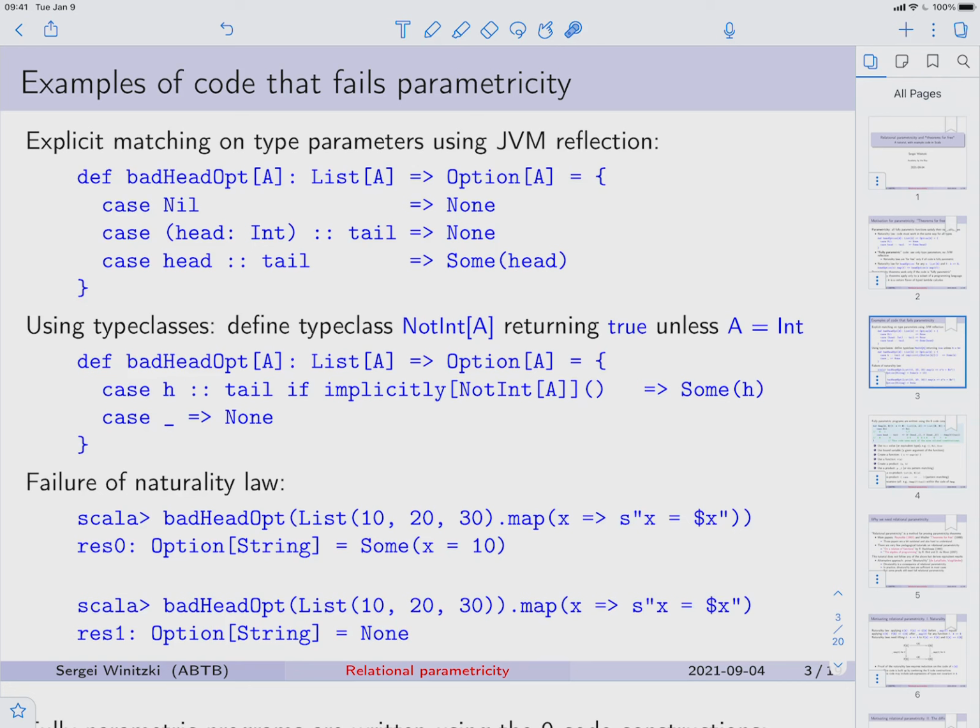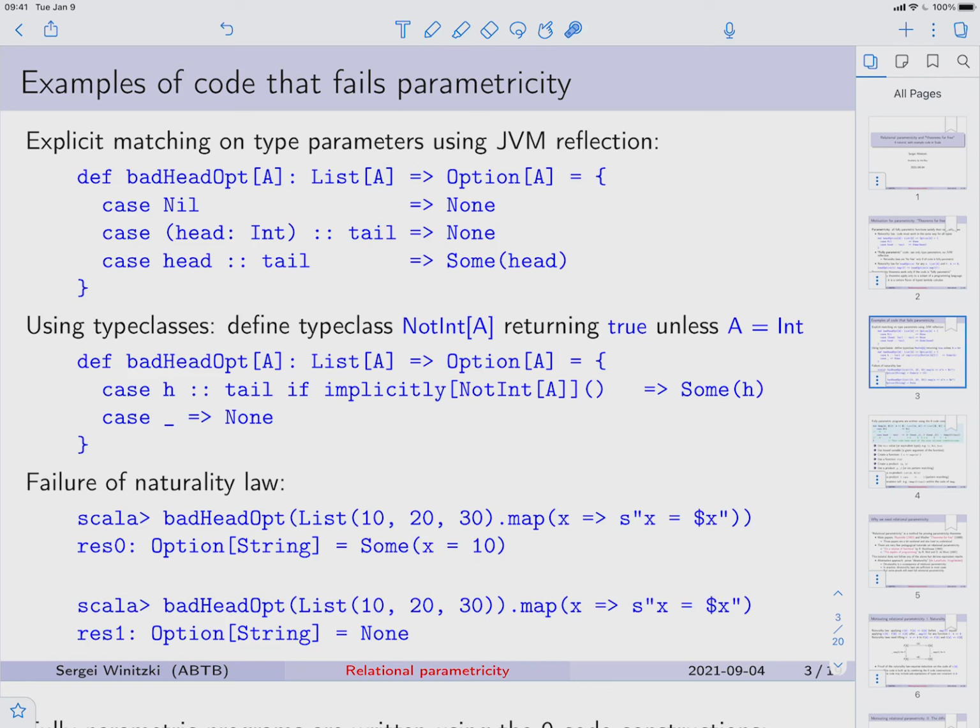Now this certainly is an artificial example. You wouldn't necessarily want to write code like this to compute head option in this strange way. But real life code sometimes uses matching on the type. This works through JVM reflection, and it could be useful in certain situations, but programmers need to be aware that this is not fully parametric. It will potentially fail the parametricity laws if you want those laws.